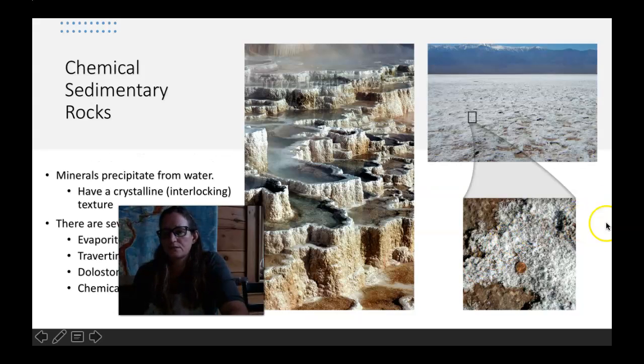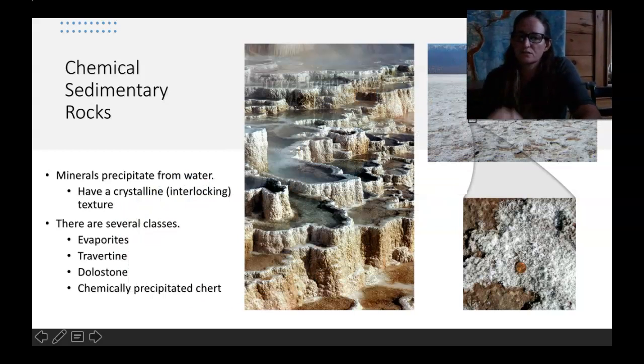A chemical sedimentary rock is not associated with biological activity necessarily. These are molecules that are going to precipitate out of solution. So water that is hot is going to have dissolved ions in it, and when it cools down and the pressure changes, you get deposits of these.